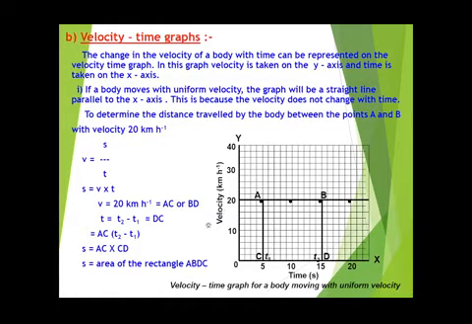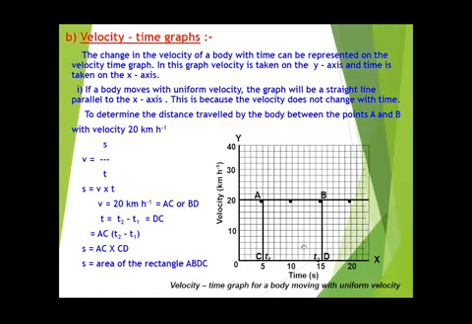So what we can do over here, we can substitute these values in the equation S is equal to V into T, and we will find out that S is nothing but AC multiplied by CD, and this comes out to be the area of the rectangle ABCD.